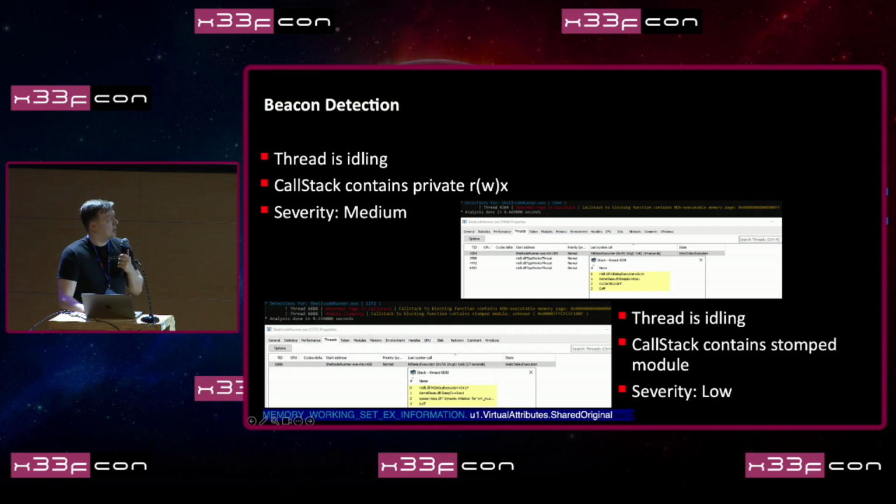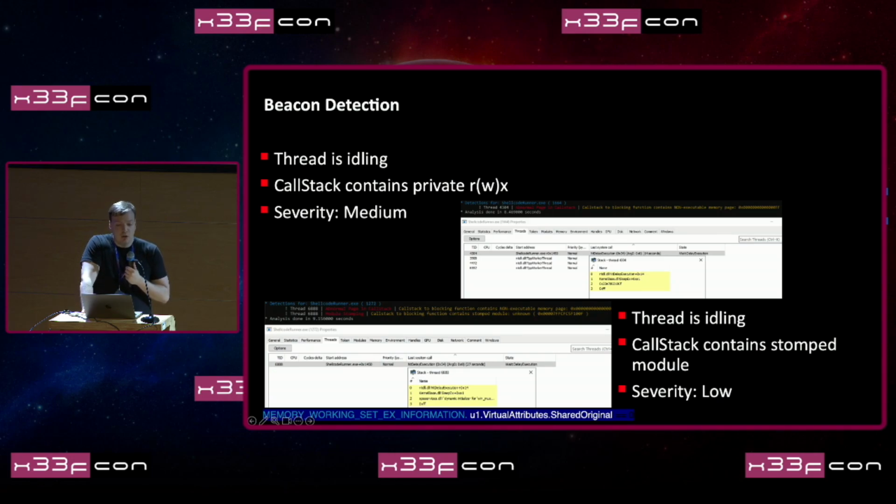For example, on the upper screenshot, we see that a thread is idling and the call stack to NtDelayExecution contains two very odd values. The first is not even an executable page, and the second is a pointer to a private committed memory area, which is a huge IOC that there's an injected beacon.